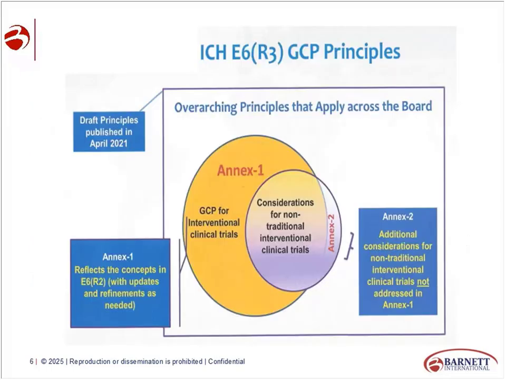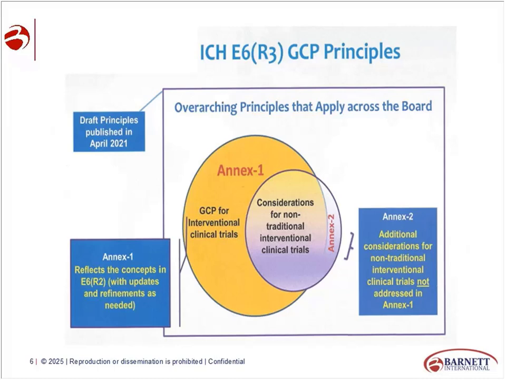So here's the schematics. It talks about the ICH overall principles, and a significant piece of the Revision 3 is this Annex 1, and it gives you the history where the principle, the published, or draft principles were published in April 2001. The Annex 1 really takes the concepts that were in the Revision 2 and really put it down bullet by bullet for each of the three components that they list, the ICH investigator and sponsor.